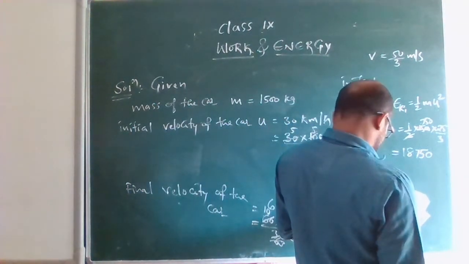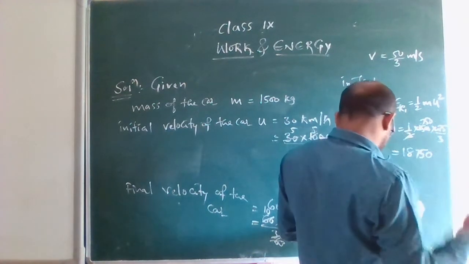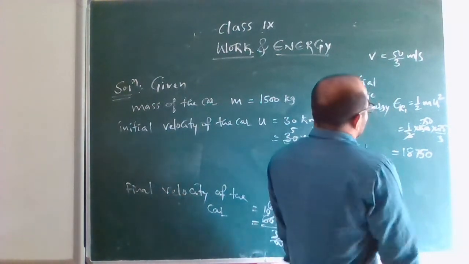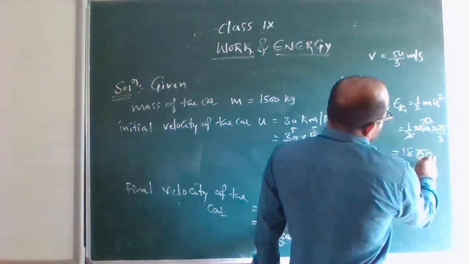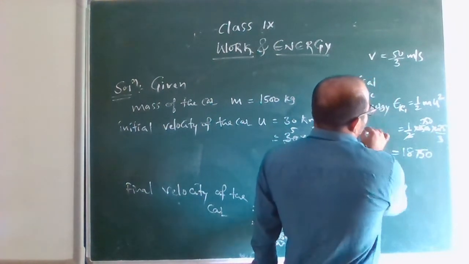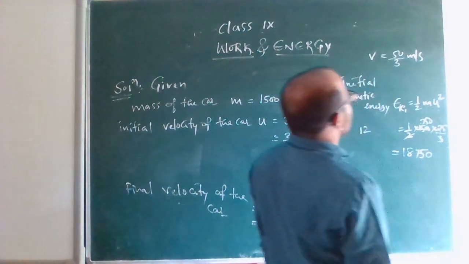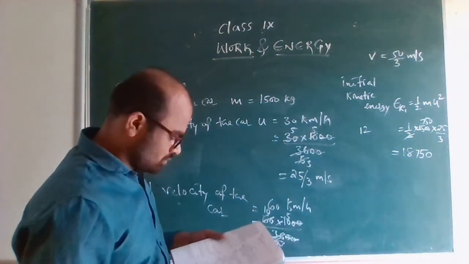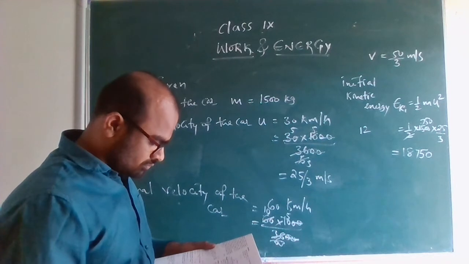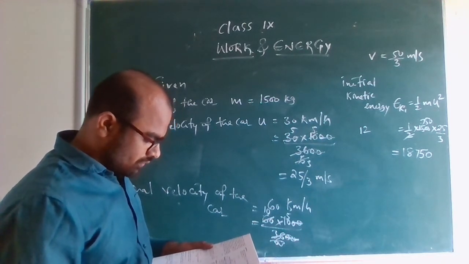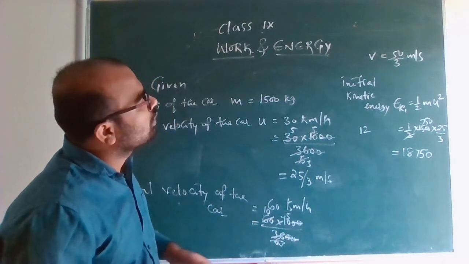1500 kg, 2 is there, 3 is there. 2 7 together, 25 zeros are 0, 25 5s are 125, 12 will be there. 25 7s are... It is showing something wrong here. 156250.